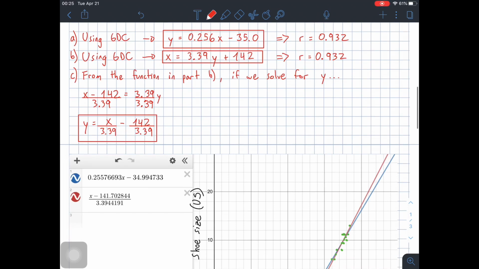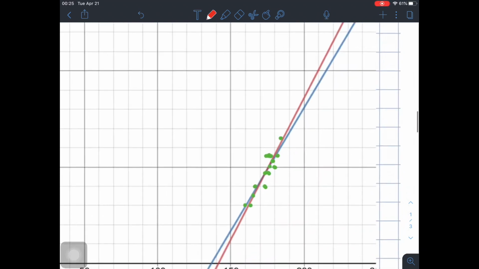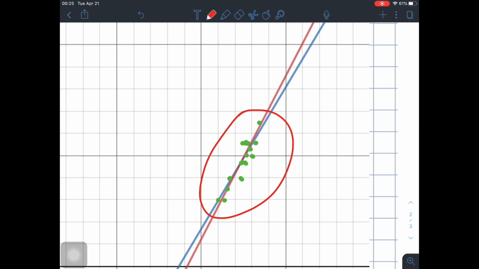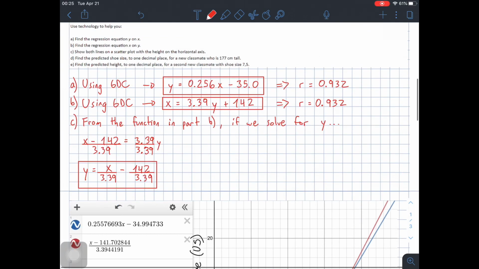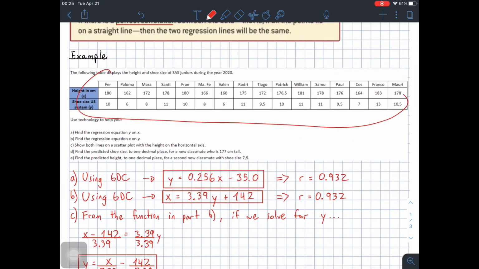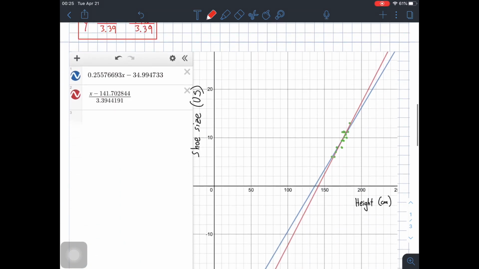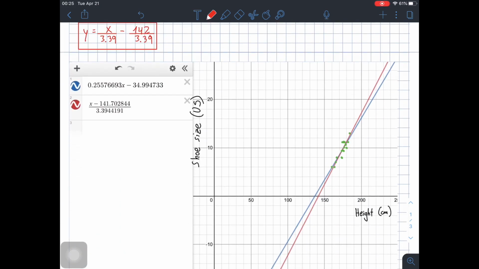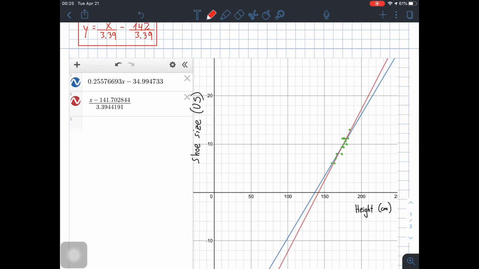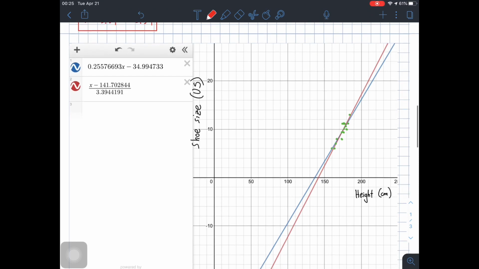By the way, these points over here are the points corresponding to the data that you gave me. If you see both graphs, the blue one is the first one, and the red one is the second one. Both lines are very similar, but they are still a little bit different, okay?